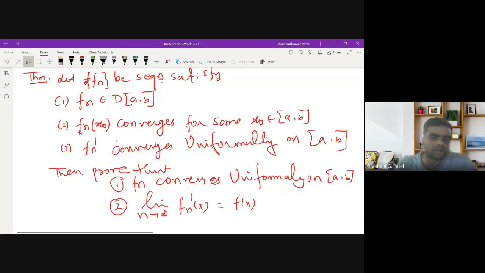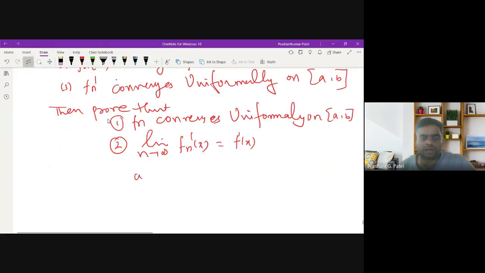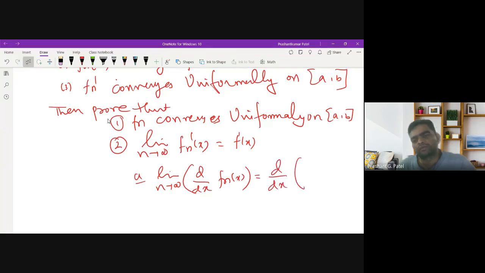Ultimately, we can write this as limit n tends to infinity d by dx of fn of x is equal to d by dx of limit n tends to infinity fn of x. This is your f of x.